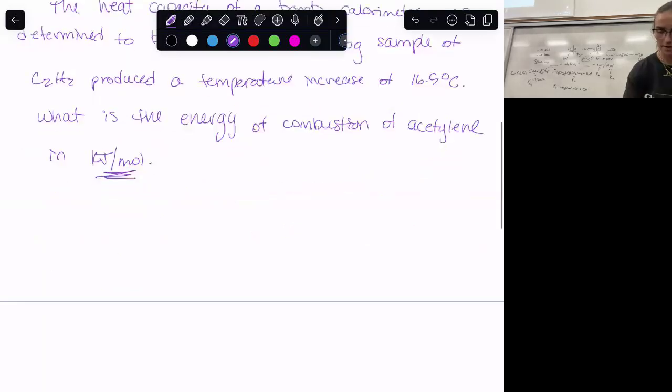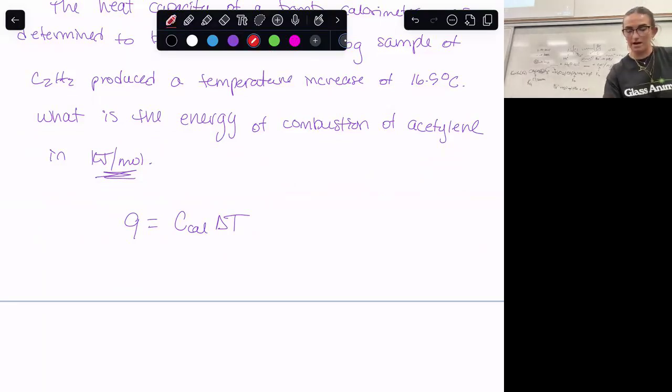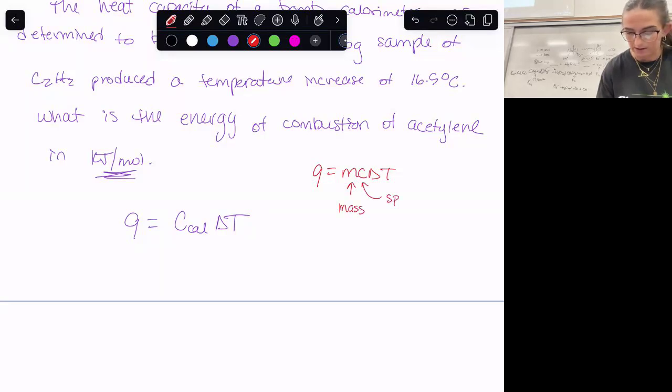So we have Q is equal to C cal delta T. When we have Q is equal to MC delta T, MCAT as most people refer to it, we have M, which is your mass, C, which is your specific heat capacity, and delta T, which is your change in temperature.